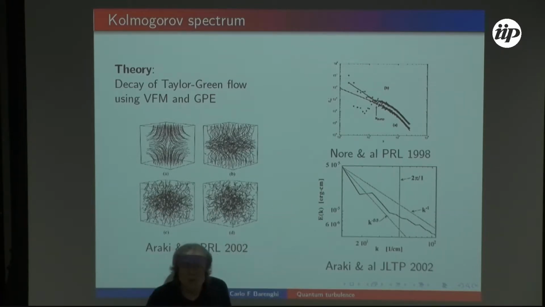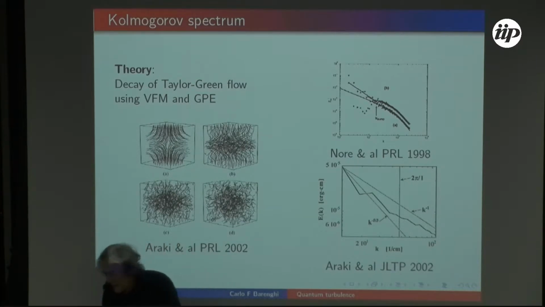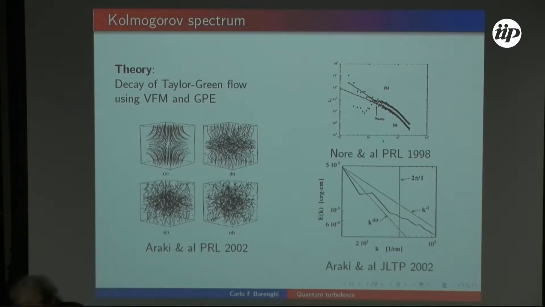That was done using the Gross-Pitaevskii equation, by the way, and you should expect the same result with other models available. The other important model available is the so-called vortex filament model, or the Biot-Savart law. I'm going to describe models in the last lecture. Today, I'll concentrate on results.